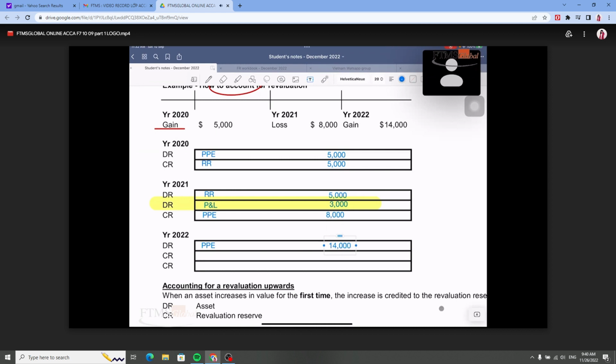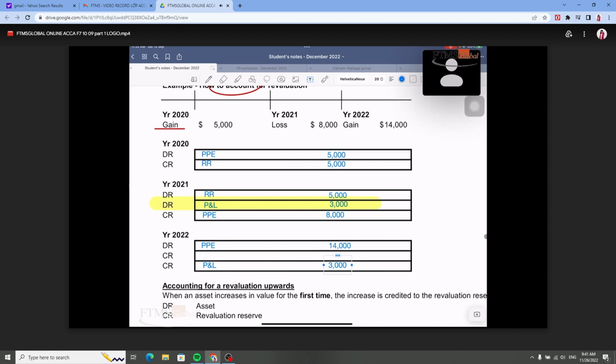Next, previously, what happened? Previously, I have debited 3,000 to my P&L, correct? So the standard allows you to credit back your P&L with the amount that you have debited previously. Previously, I have debited 3,000, so they allow you to credit back 3,000.